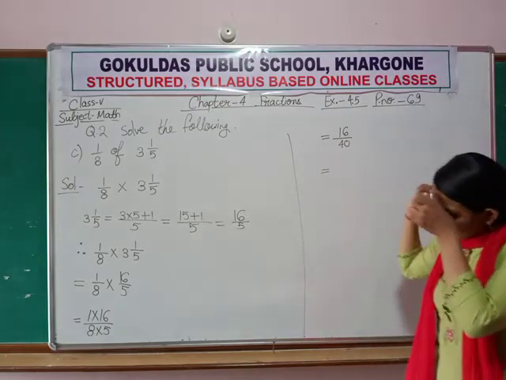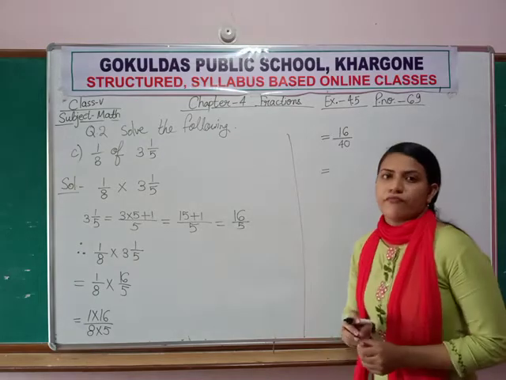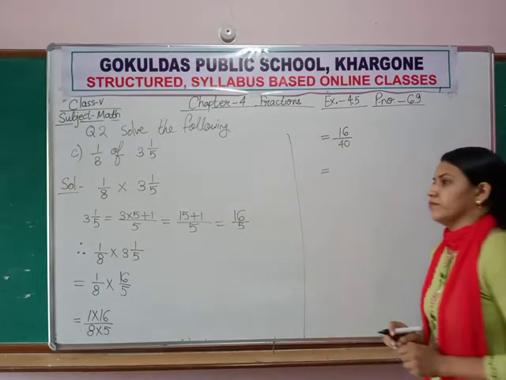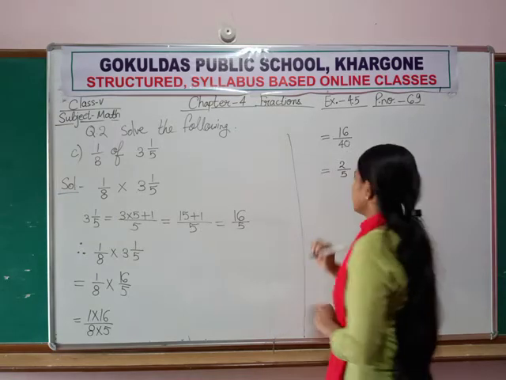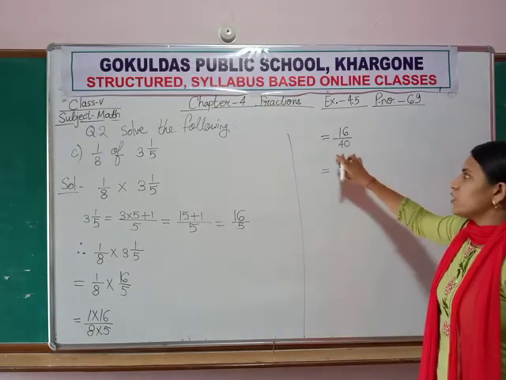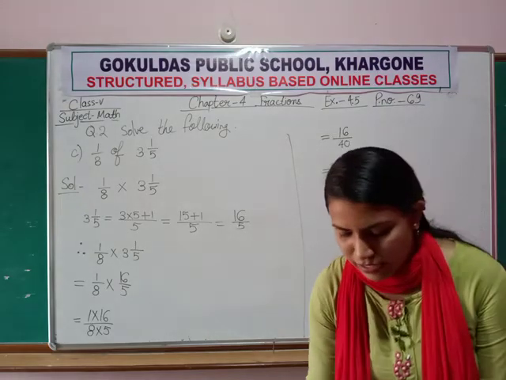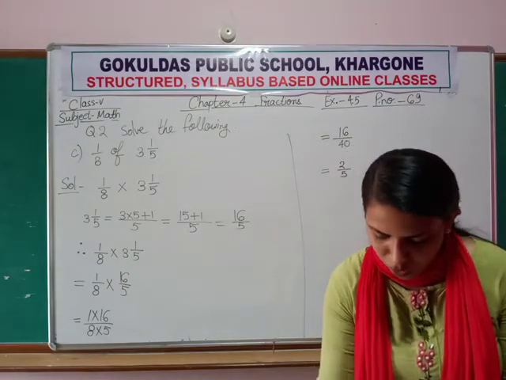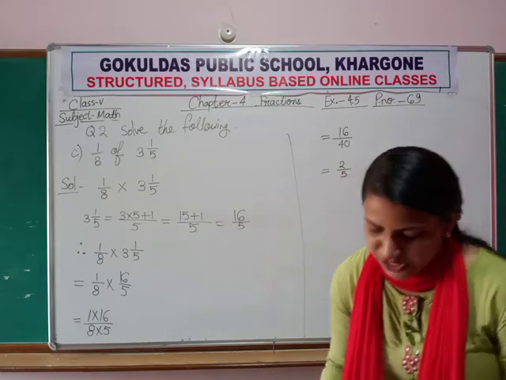Now convert it. So when we reduce it to its lowest form, we get 2 upon 5 as the result. I hope now you know how to multiply the fractions.